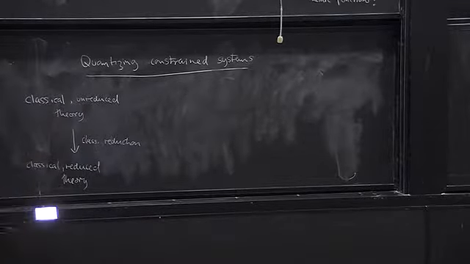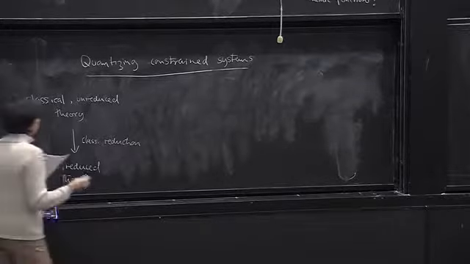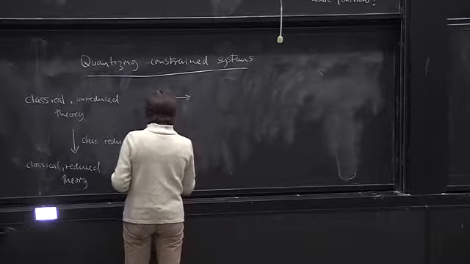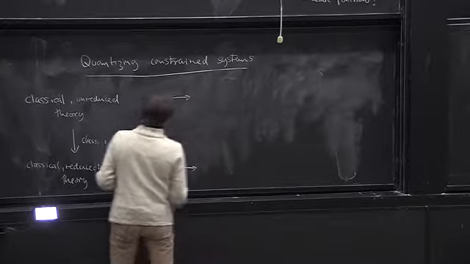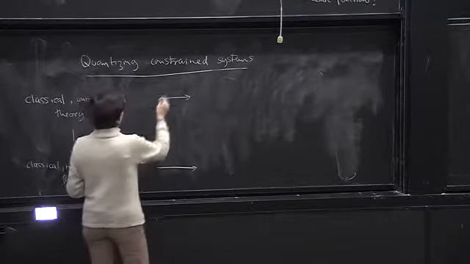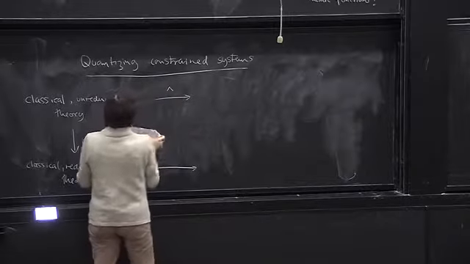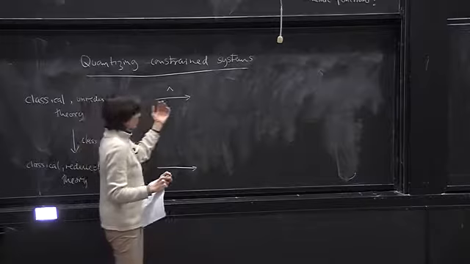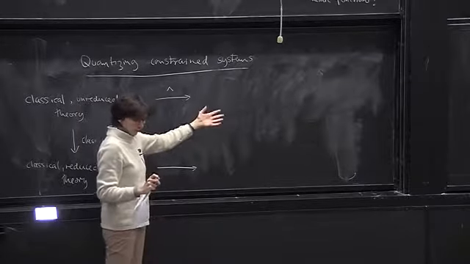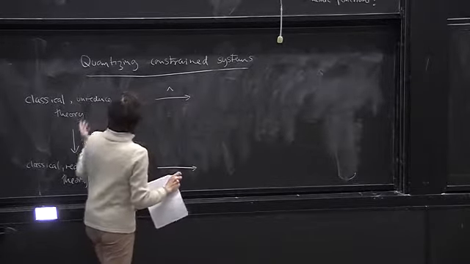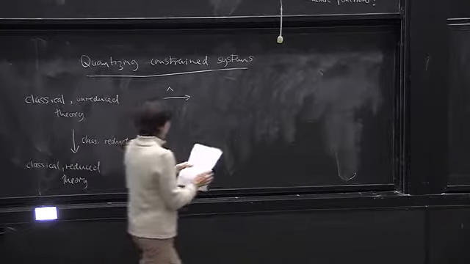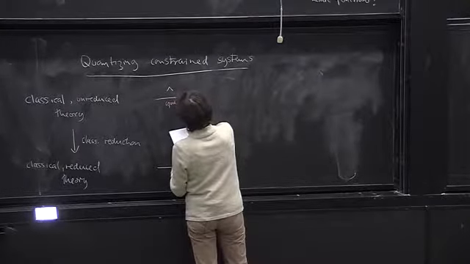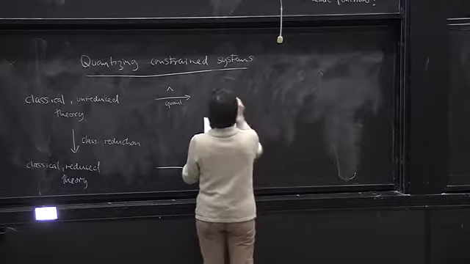Now, this much for the classical side. The issue arises, of course, that I'm interested in quantum theories. So for simplicity, let me think of that as a process where I associate with this a quantum theory. If I do this for the unreduced theory, this is my quantization procedure, whatever it is. Let me leave this open for the moment.